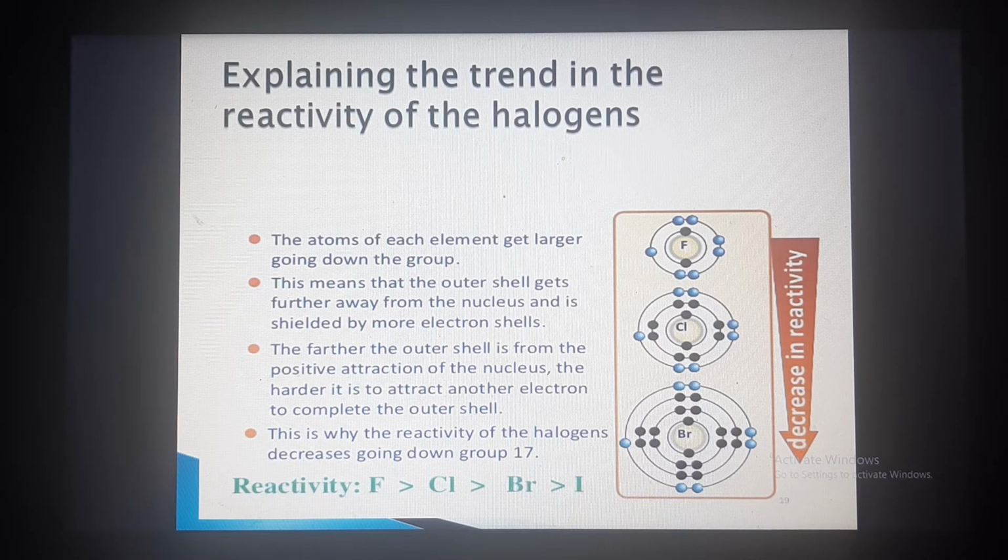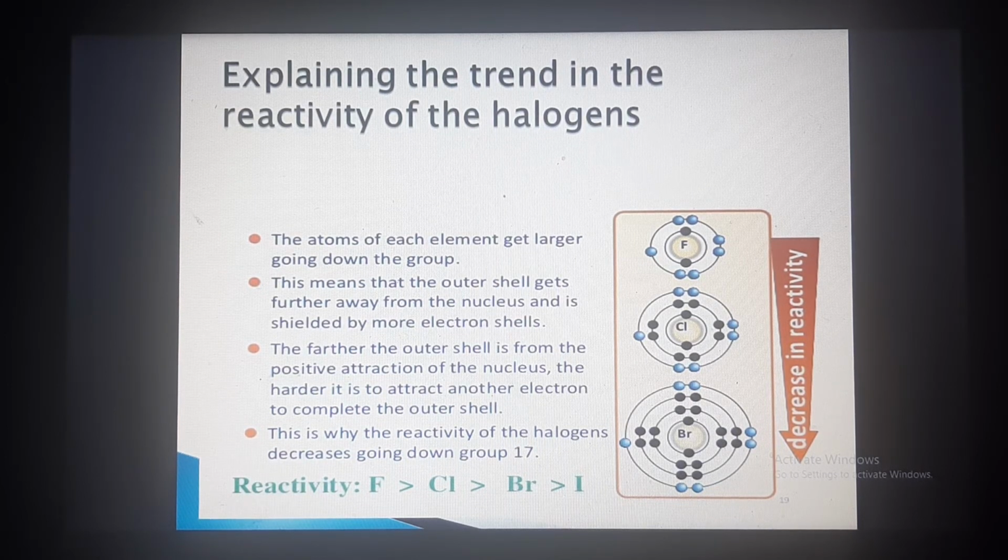So attraction is more. But in the case of chlorine, it is also accepting an electron, but this accepted electron goes to the third shell. There is also attraction between the nucleus and the third shell, but the distance is more, so the attraction is less, so it is less reactive.